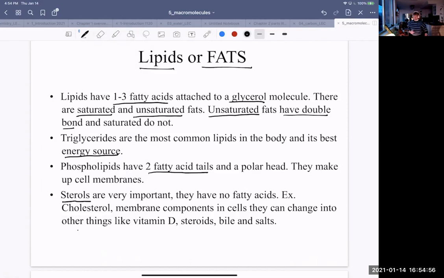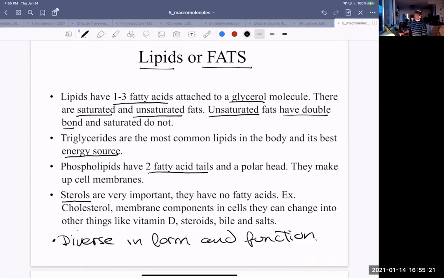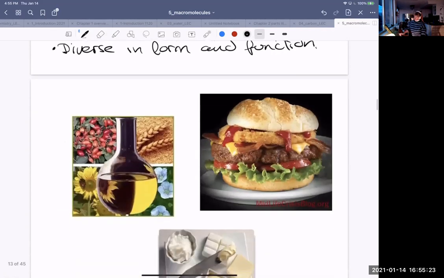Lipids are highly diverse in form and function. So yeah, lipids don't really have monomers. They don't form polymers. They form a sort of a polymer, but not really considered a polymer.